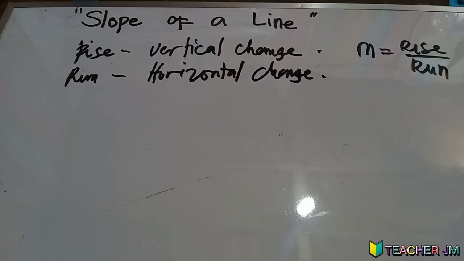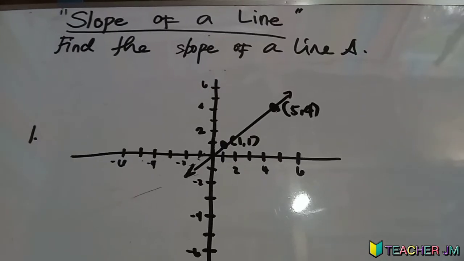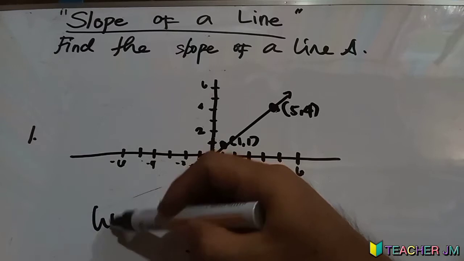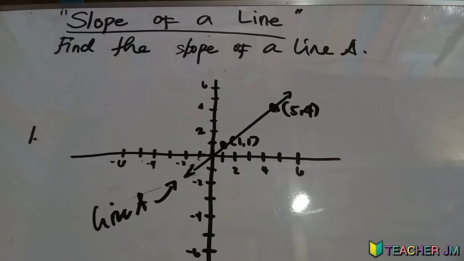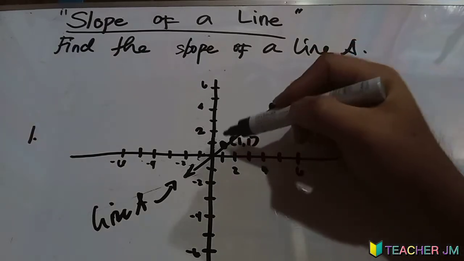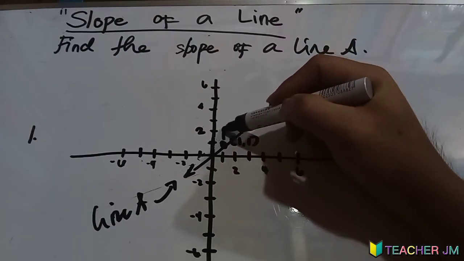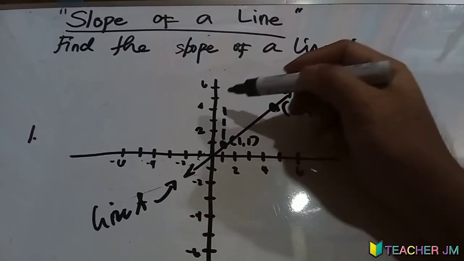So para maintindihan nyo ang slope of a line, magbigay ako ng halimbawa tulad nito. Number 1. Find the slope of a line A. Meron tayong ordered pair na 1 and 1. Meron din tayong 5 and 4. So ibig sabihin, ito ay pataas. So start po tayo sa 1, mag-count po tayo pataas: 1, 2, 3.